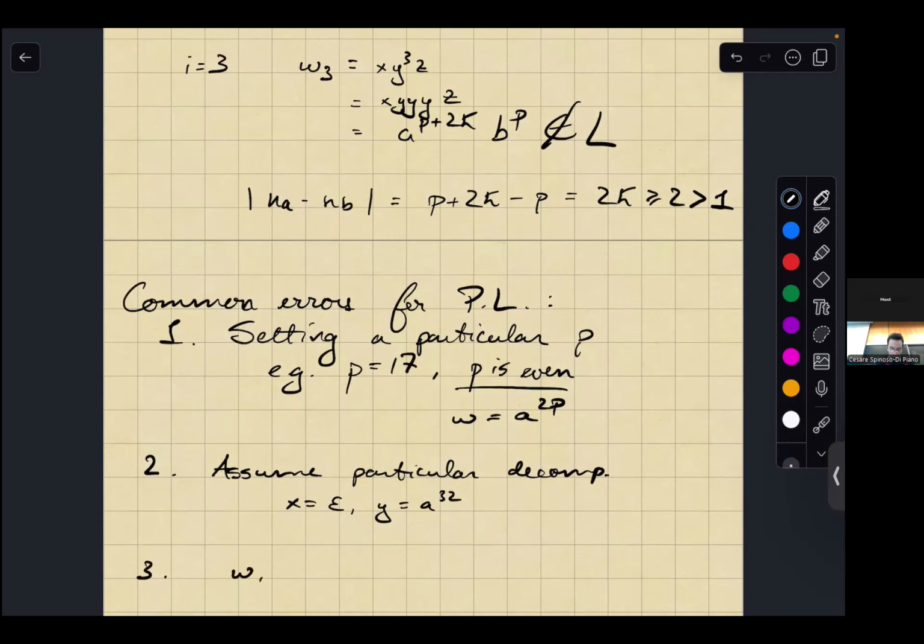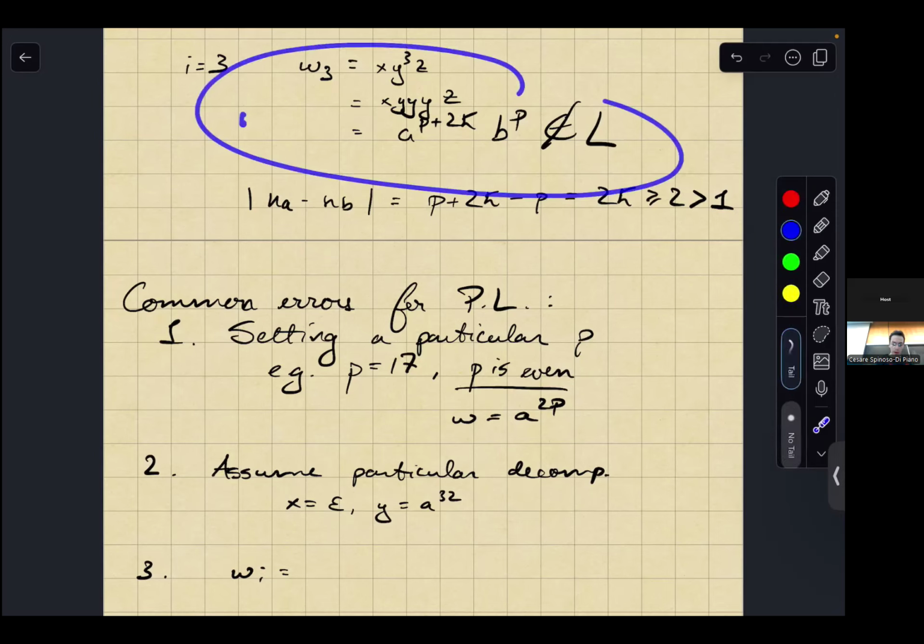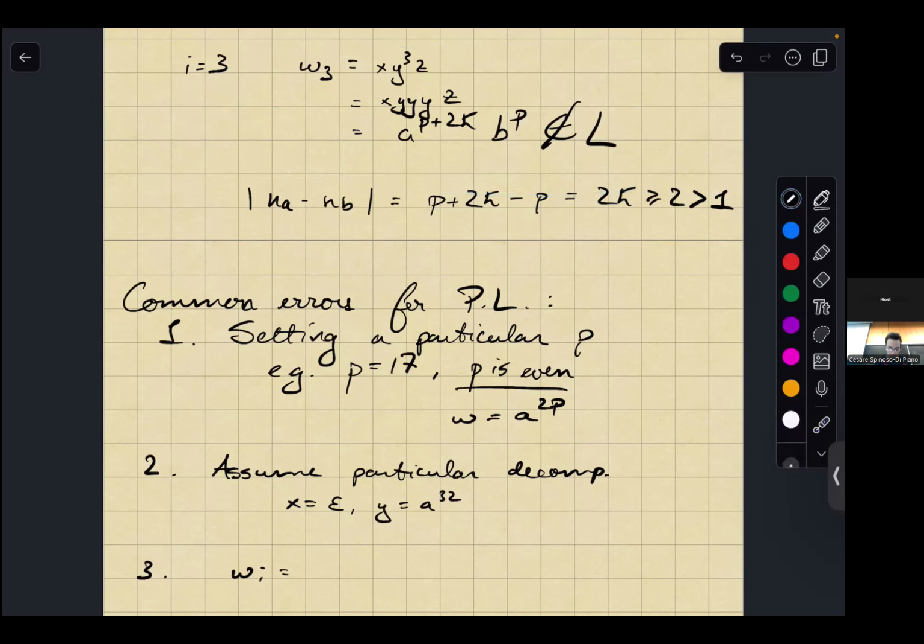If you think about WI in terms of what the arbitrary pump is, for this example here, it's A to the power P plus I minus 1 times K, and then BP. There's this minus 1 because one of the K's is within the P. Okay, so these are common errors that hopefully now that I've written them down, you won't make.